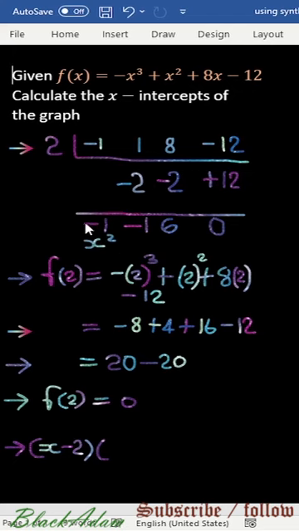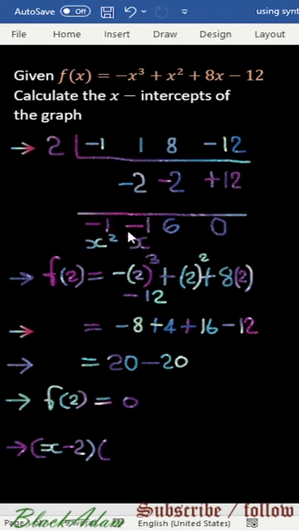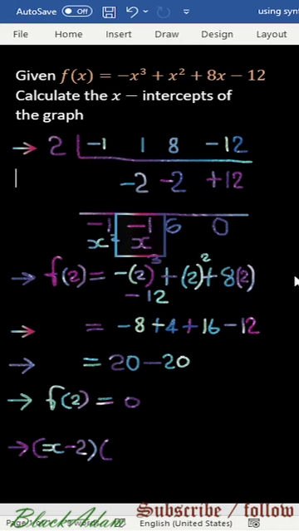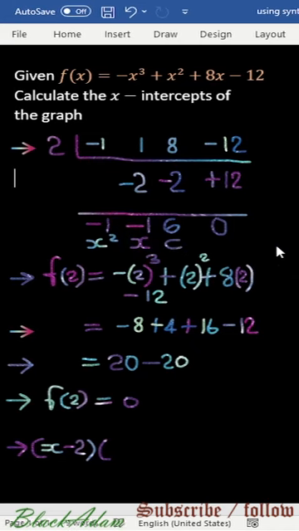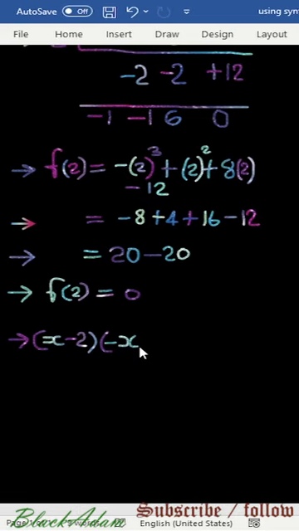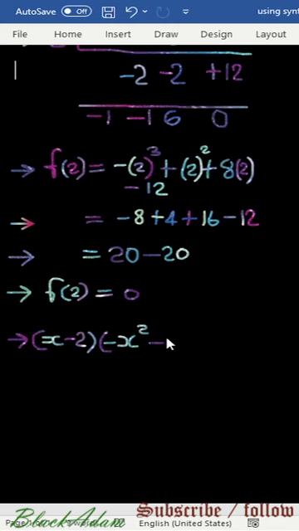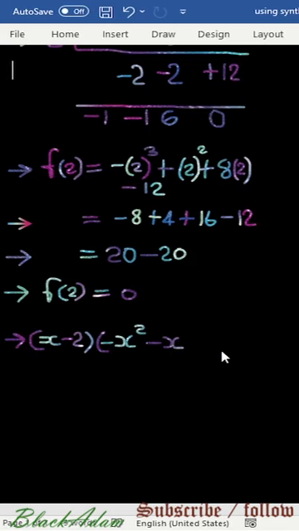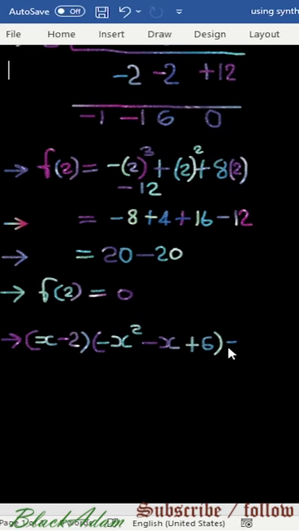So -1, which is x squared, and then -1 again, which is x to the power 1, and then we have c as our constant. So we have -x squared, then -x, and also +6. So we find the factors, so we factorize that.